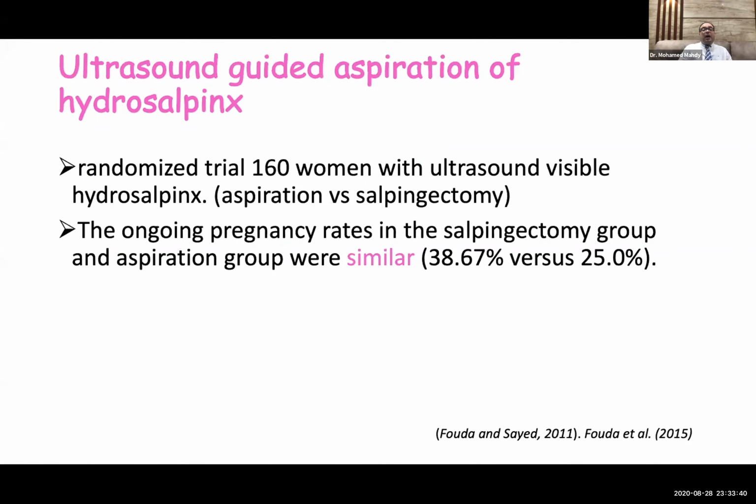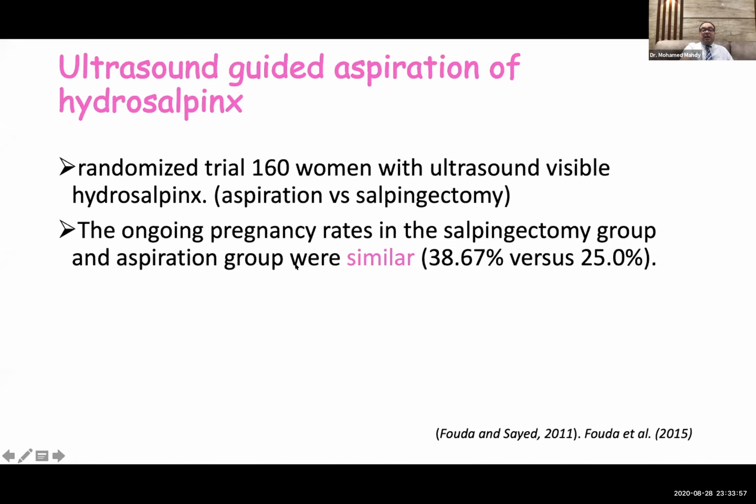The third option is ultrasound-guided aspiration of hydrosalpinx fluid. A randomized trial was done on 160 patients with ultrasound-diagnosed hydrosalpinx, comparing aspiration with salpingectomy.